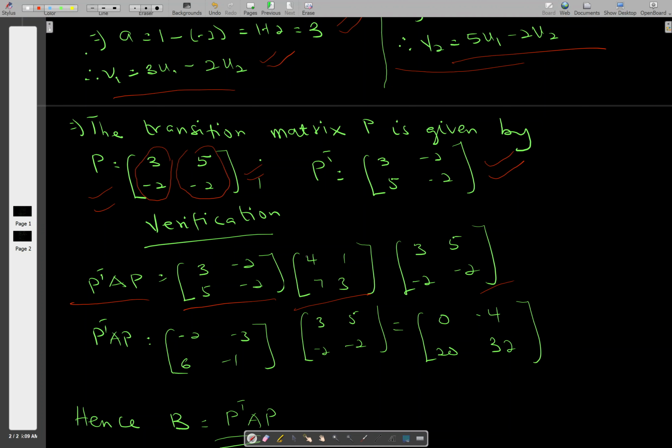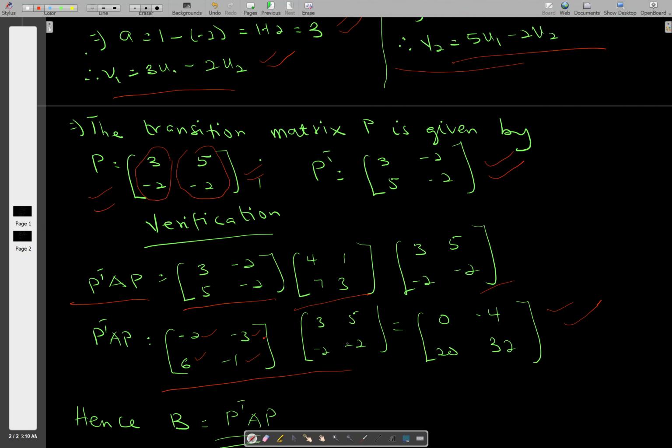So 3 times 4 is 12 minus 14, which is negative 2. Then 3 minus 6, that's negative 3. You consider the second row: 20 minus 14, that is 6. Then 5 minus 6, which is negative 1. Then you multiply by this matrix, and you get this: negative 2 times 3 is negative 6 plus 6, that's 0.